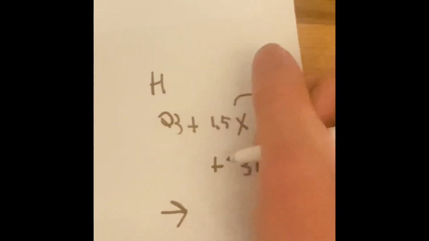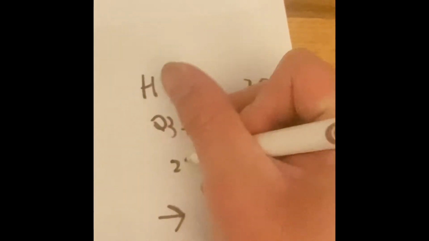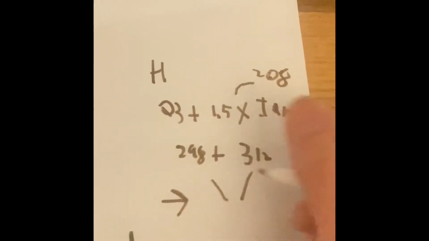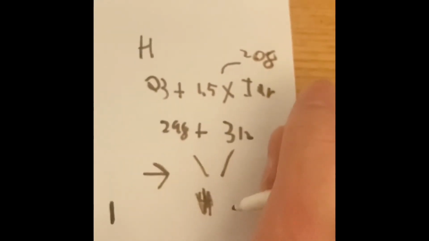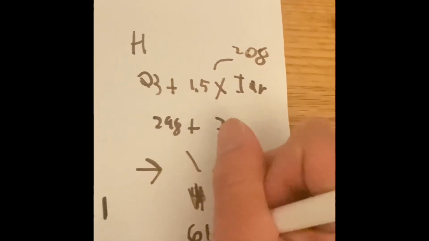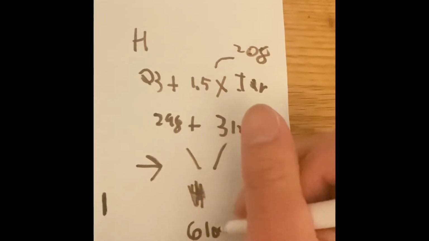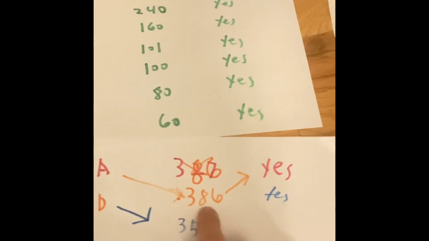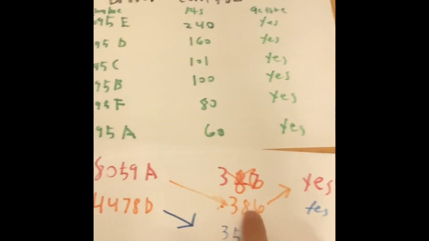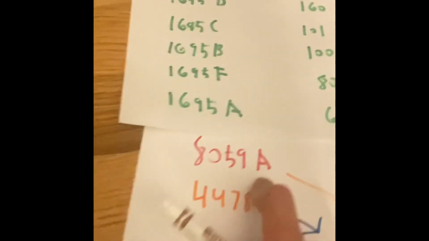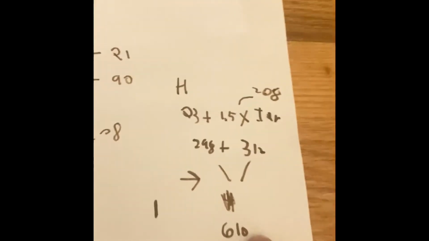When we add 298, we're going to get an answer of 610 points. But that is way more than the maximum, the highest record someone scored in Tipping Point, which is 8059A. That's in Singapore, in Asia.